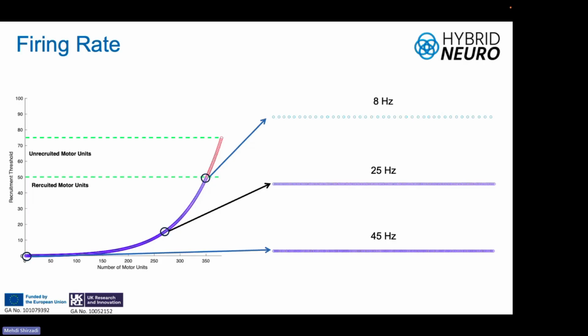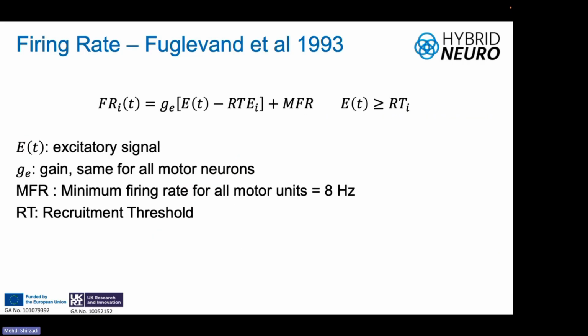For example, if we are contracting up to 50%, these motor units generally will have a firing rate around this value, 8, because they are big. For the firing rate, we also have a different model that Fuglevand proposed, and this excitation signal is the one that I explained a few slides previously.